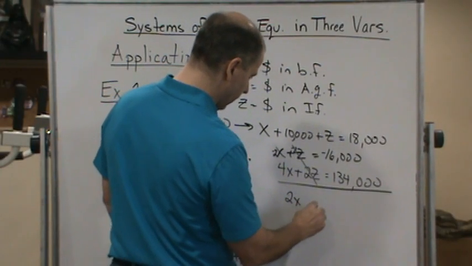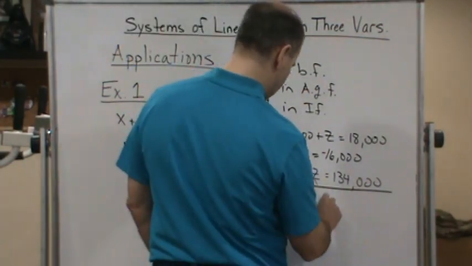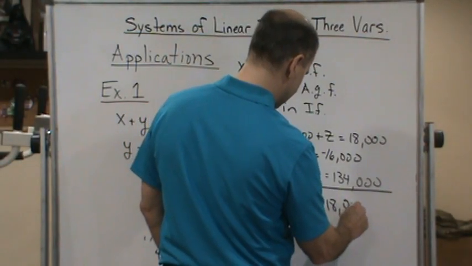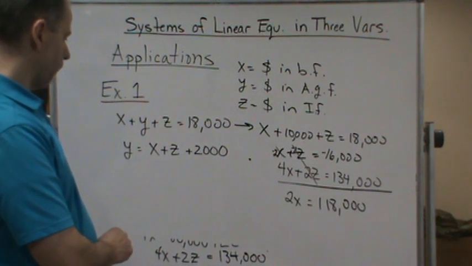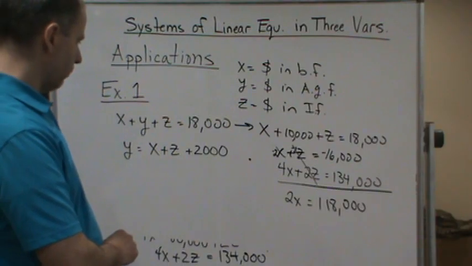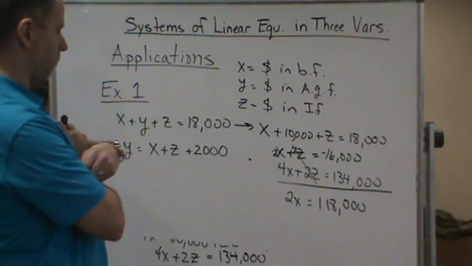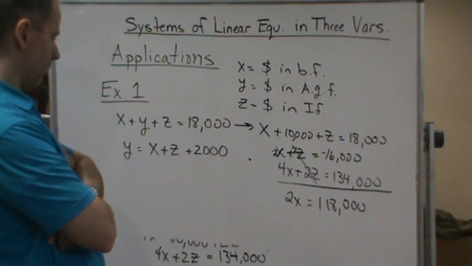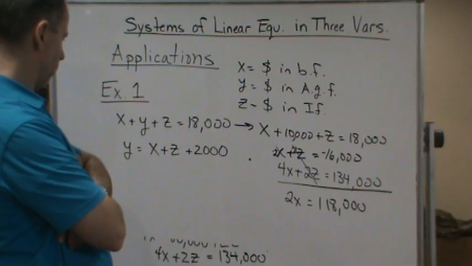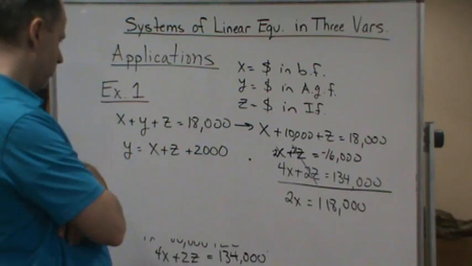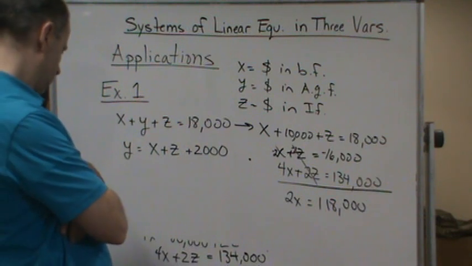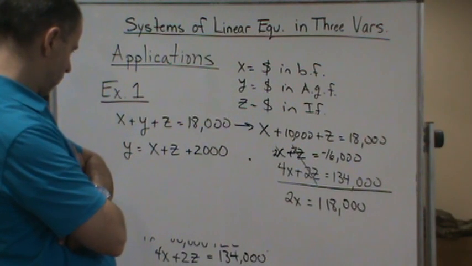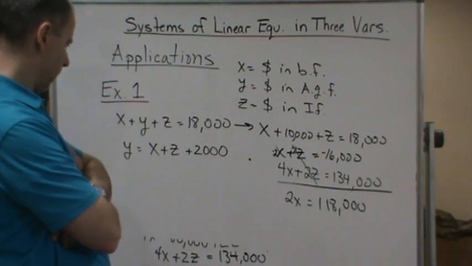So the z's are going to cancel, and then what am I going to get? I'm going to get 2x is equal to, okay, what do I get? I get 118,000. That doesn't seem right.